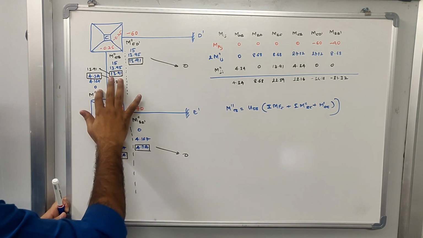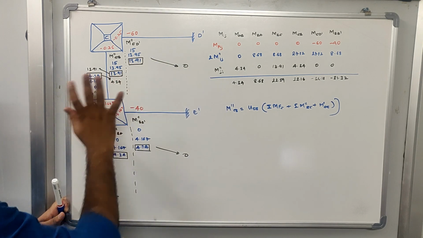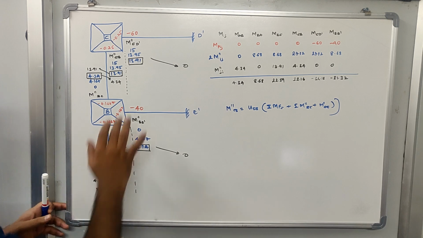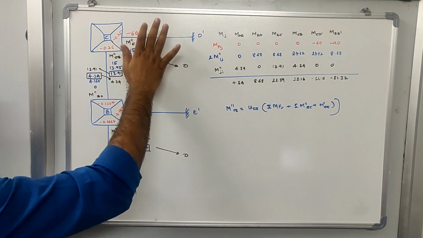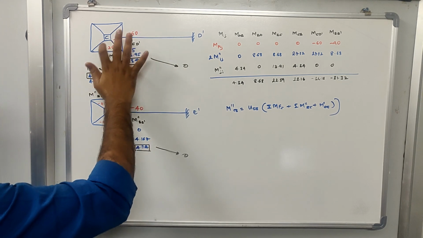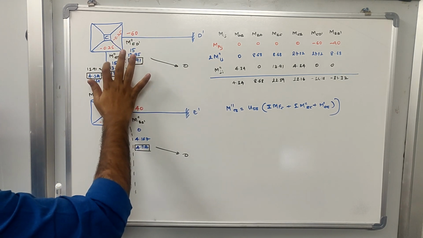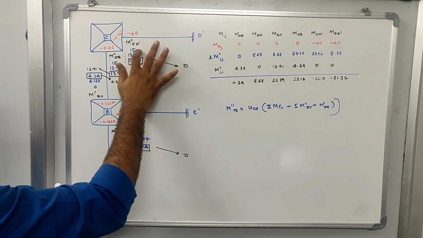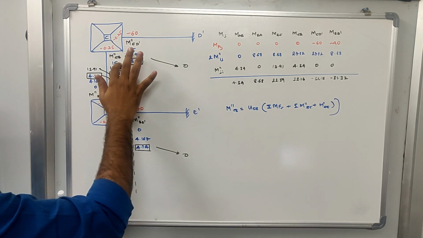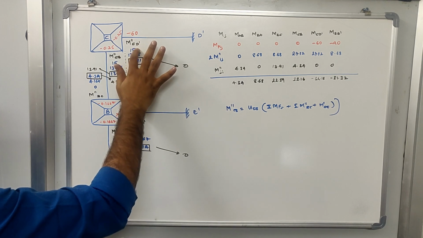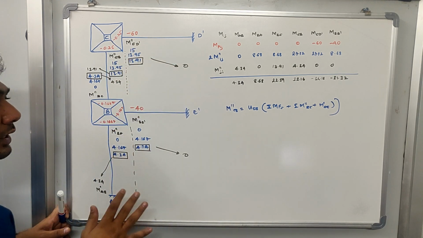We'll go to this joint where M double dash CB we'll consider to be 0 initially. So minus 60 plus 0 will give you minus 60 itself. Minus 60 multiplied by the respective rotation factors gives our values of M double dash CB and M double dash CD. M double dash CB is 15, and M double dash CD is also 15, so it is equally shared.